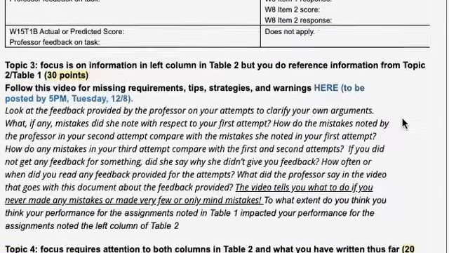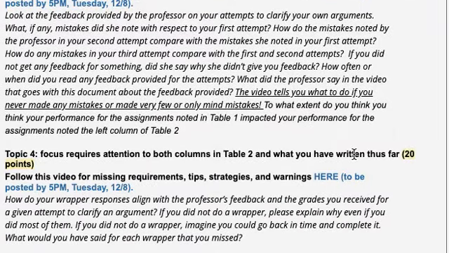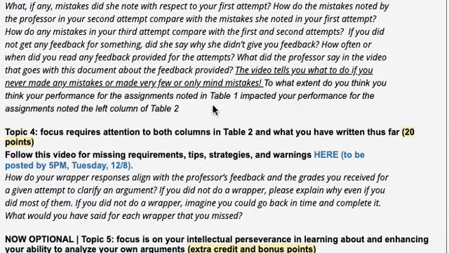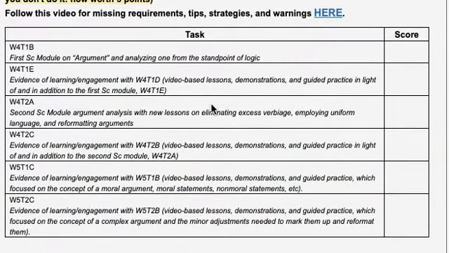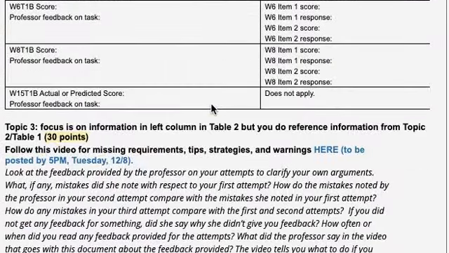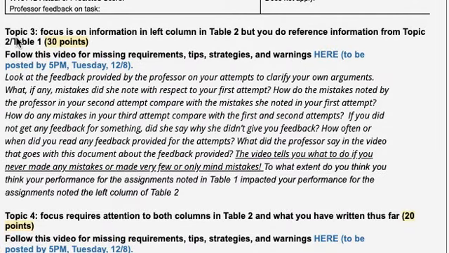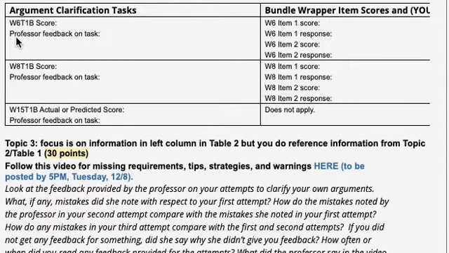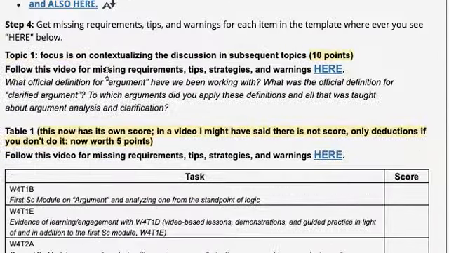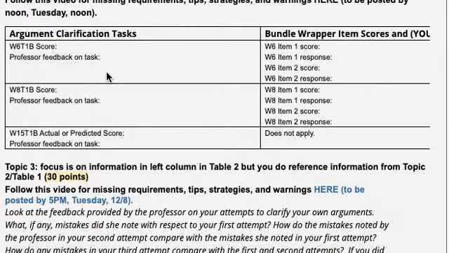Okay, so you'll go back up here and look at your scores. And then write a few sentences. So I think that my performance with respect to the task in table 1 definitely had an impact with respect to my scores in the left column for table 2. And then tell me why. Did you have high scores in table 1 and you have high scores in table 2? Do you have low scores in table 1, but you have high scores in table 2?